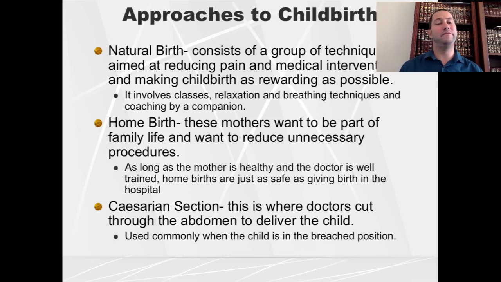Sometimes you cannot have a vaginal birth. We'll talk about that in a minute. The other thing is that typically a natural birth occurs in a hospital, at least in Western countries, but some people don't want to have their child in a hospital. And the reason is that it's chaotic. It's chaos. A lot of loud noises and whatnot. So they choose to have a home birth.